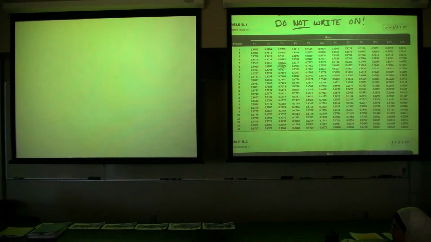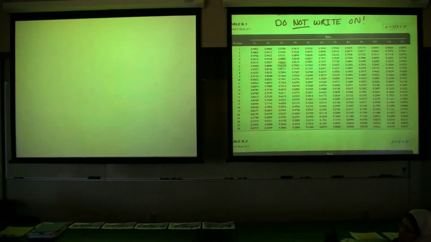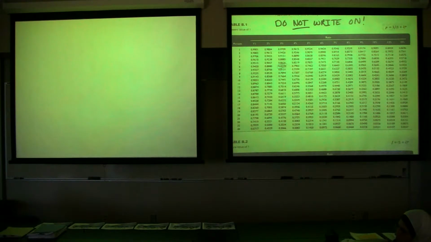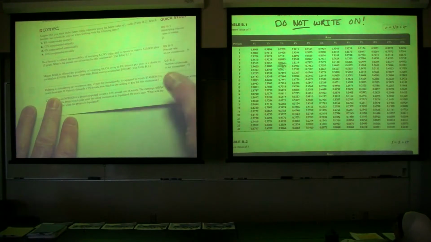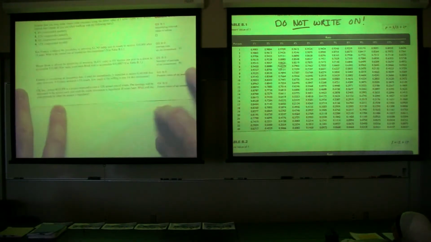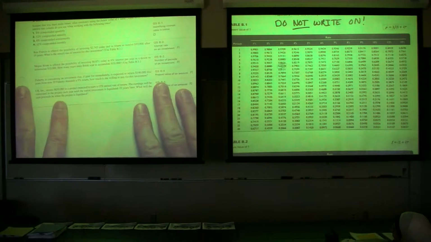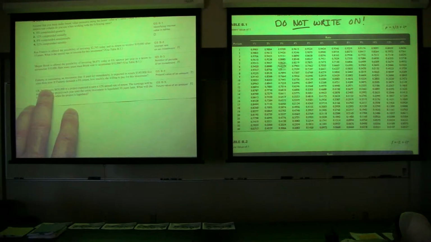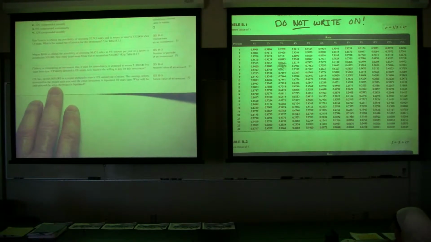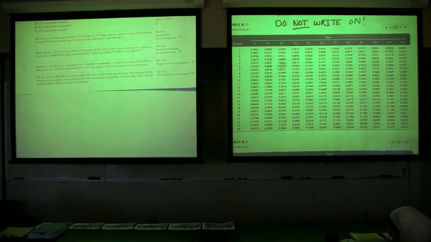So here's B4, okay? Flaherty is considering an investment. If paid immediately, it is expected to return $145,000 5 years from now. Flaherty demands a 9% return. How much is she willing to pay for the investment?